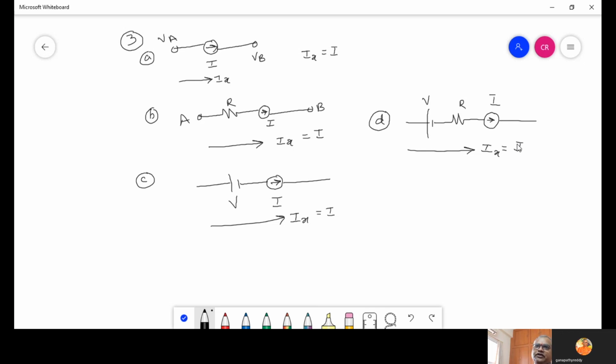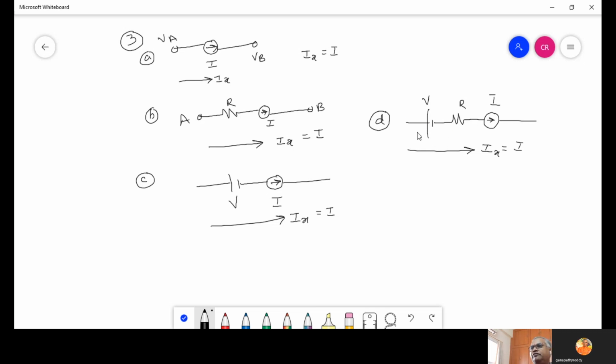So what is the commonality you are observing in all these A, B, C, D? Here what is there? Current source. Here current source. Here current source. Here current source. If a branch contains a current source, the branch current is decided by the value of the current source itself, independent of the voltage source, independent of the resistor. So what is the role of this source and resistor? Nothing. This current is not I plus V by R. Then it's wrong. V by R current is not coming.